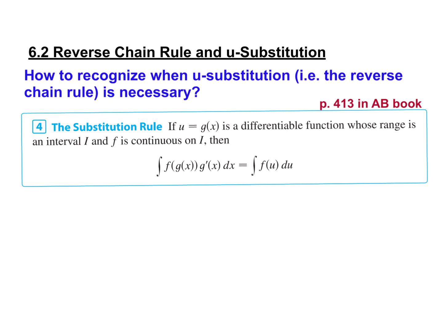But there will be this extra derivative of the inside function next to it, usually. Or it'll look similar to it. Okay? And that's when you know, hey, I probably need to use u-substitution here. I've got a reverse chain rule situation, okay? And so that's what you kind of want to look for.